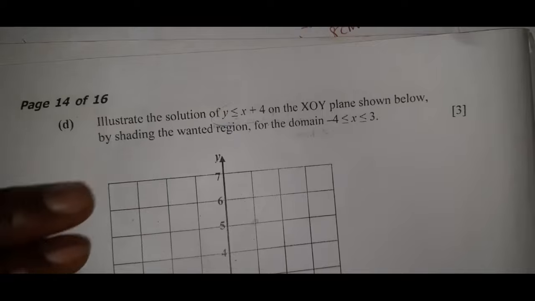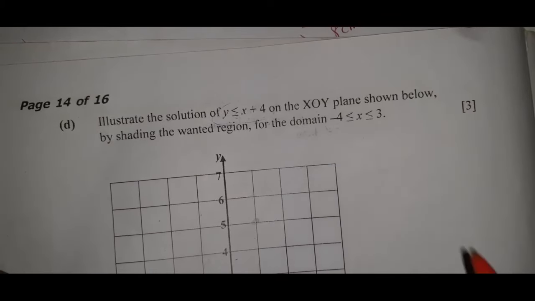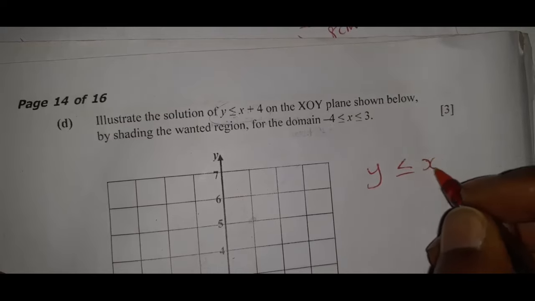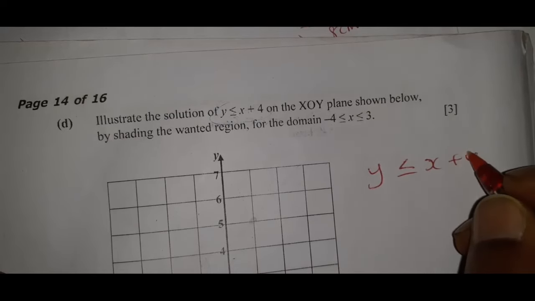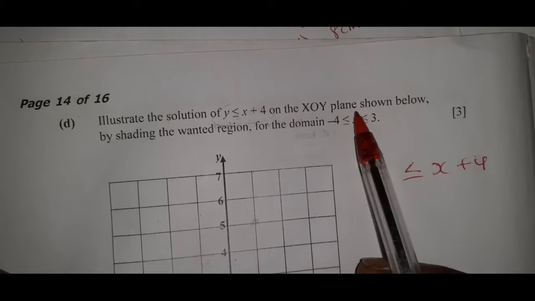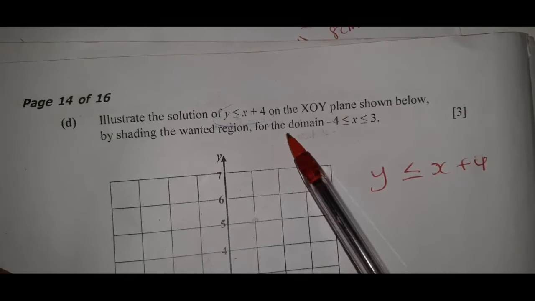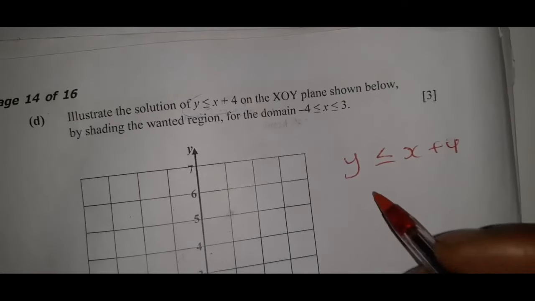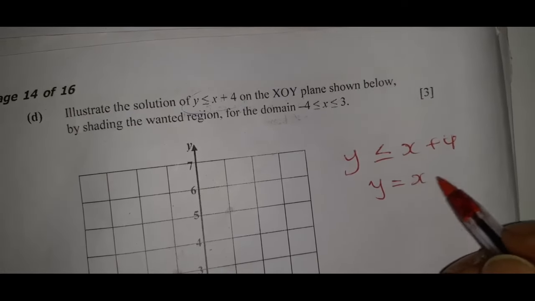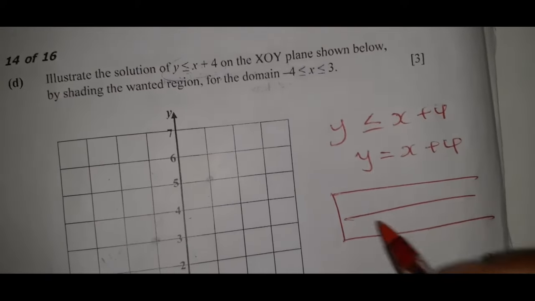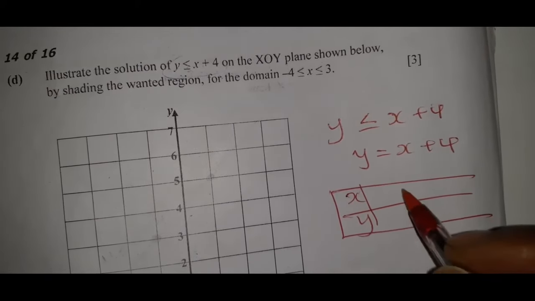So we come to D. Illustrate the solutions of that inequality on the x-y plane shown below by shading the wanted region for the domain. Okay, so here all we're supposed to do is treat this as an equation, then get the coordinates.